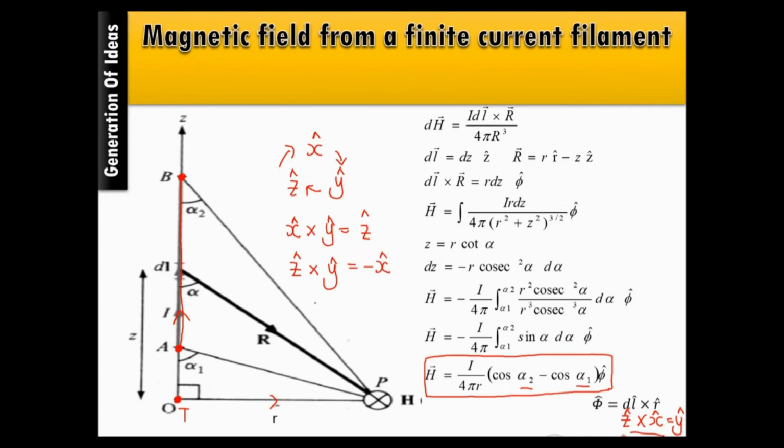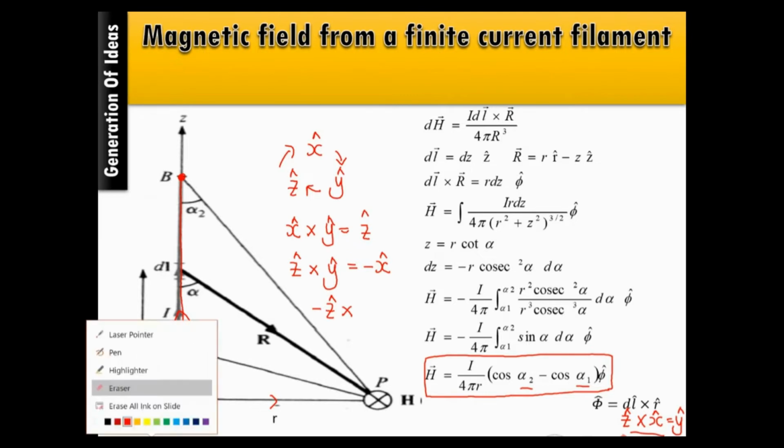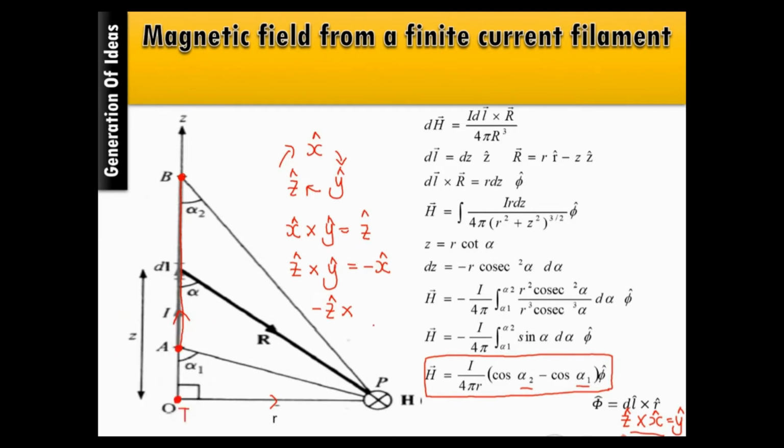Or sometimes you might have to cross product with negative X. For example, Z cross product with X, supposedly you will get Y, but because of this negative, you will get negative Y. So this is how you determine the direction of the magnetic field.